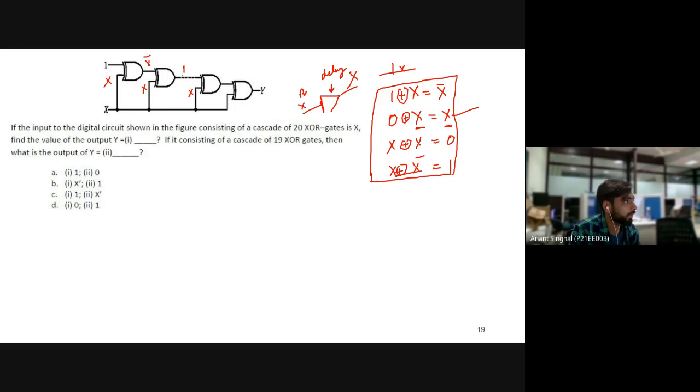Here you can see a certain pattern getting repeated: 1 X, then X bar X, then 1 X, then X bar X. So for an odd number of gates, we are getting output X bar, and for every even number of gates, we are getting an output of 1. So if we have two XOR gates like this, we will always get output 1. You can check. If I have one more gate, let 1 X, so this will be the third gate.